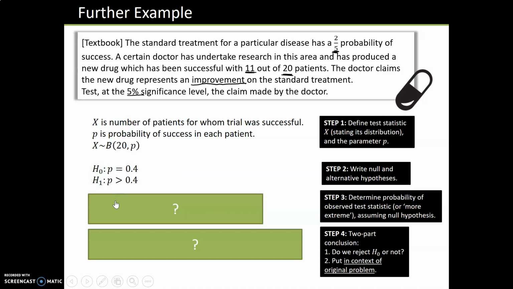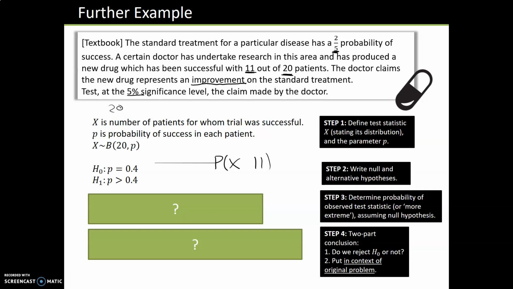So, what am I actually trying to find? I'm trying to find the probability of x being something with 11. The question is, is it bigger than or equal to, or less than or equal to? What would represent stronger evidence against the null hypothesis, the null hypothesis being this probability of success? This might not be obvious, but think about it.